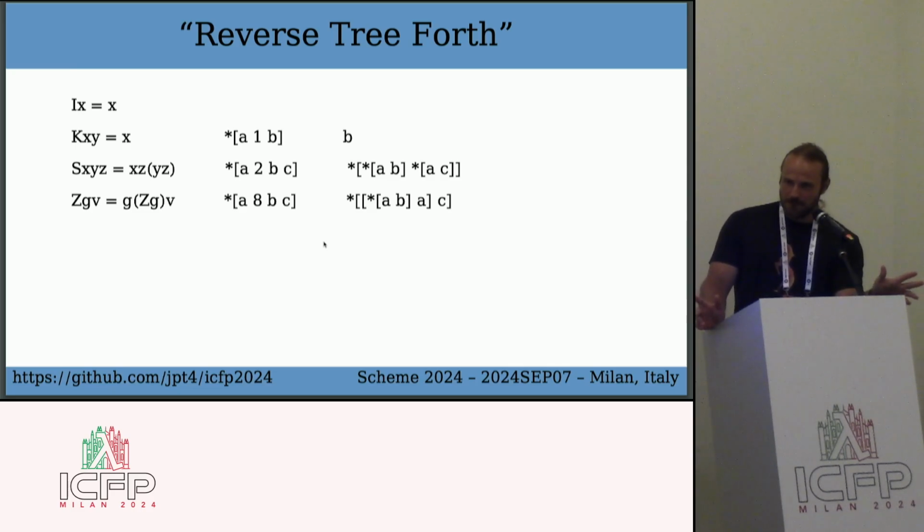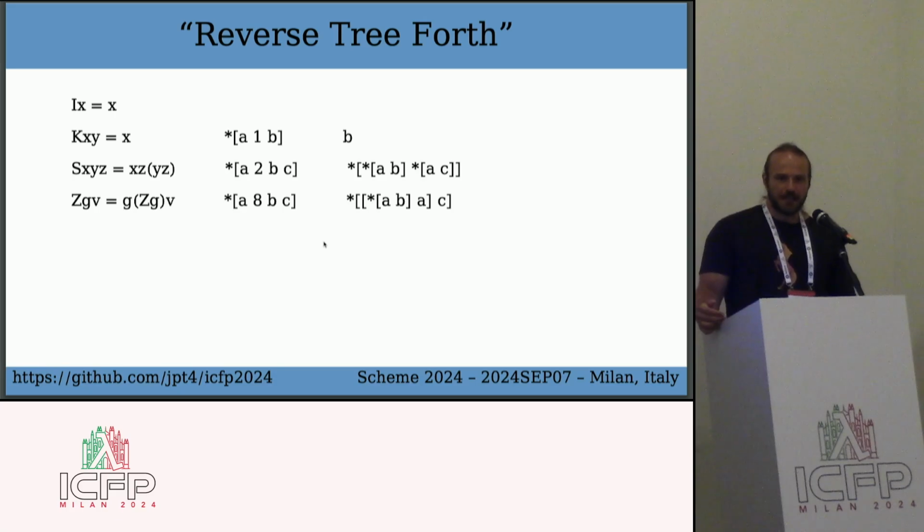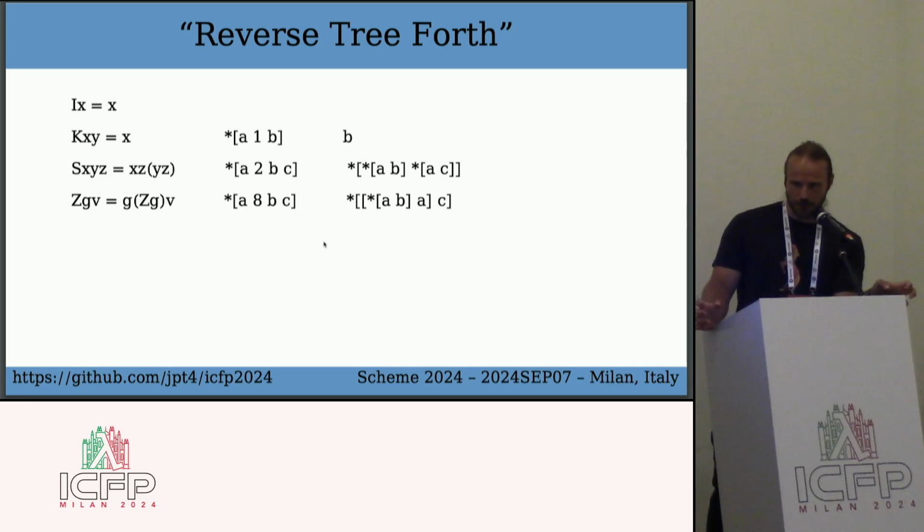Reverse tree forth. So once you have an interpreter for Nock, then you start getting to play around and get a sense of, what is it like? What is the nature of this combinator calculus? And Anton Duden once called Nock reverse tree forth.